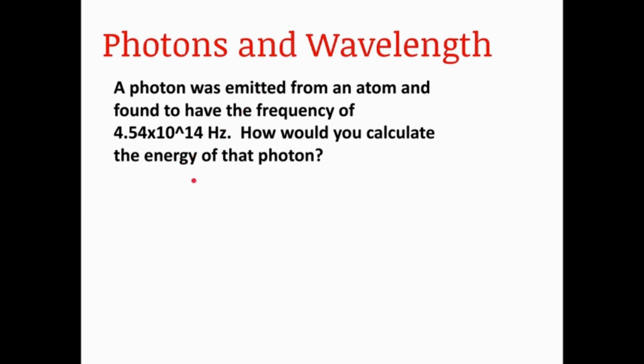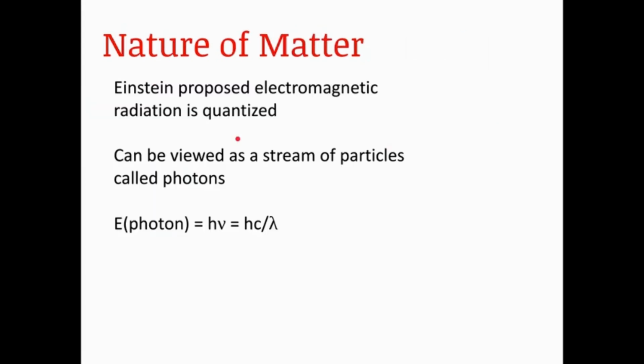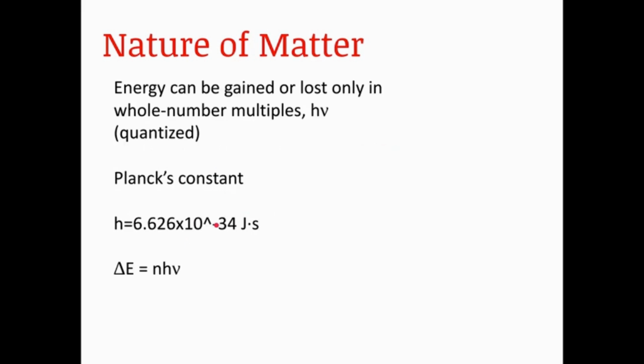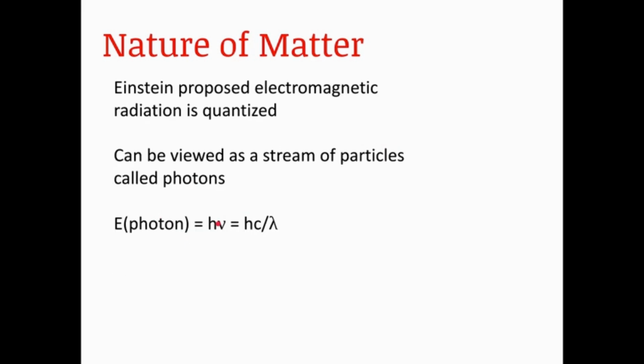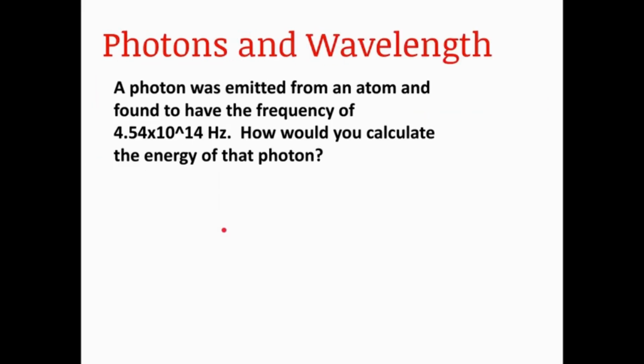Alright, here's one of the radiation problems. A photon was emitted from an atom and had a frequency of this. How would you calculate the energy? We don't actually have to do the calculations, but what we would do is, if you go back right here, it's equivalent to Planck's constant times the frequency, which is given to us.